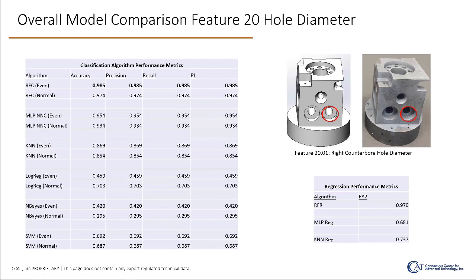And these are our overall results. We tried all of these different algorithms. That's random forest classifiers, a neural network, a k-fold neural network, logistic regression, a Bayesian algorithm, and support vector machines.